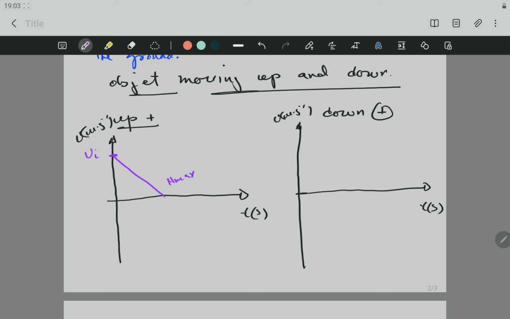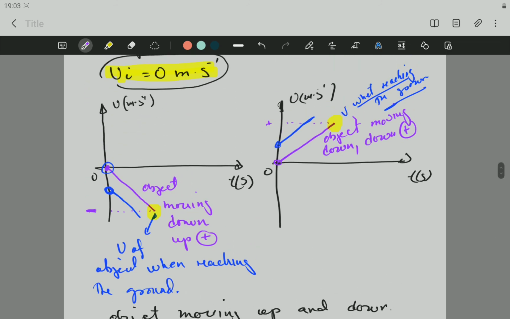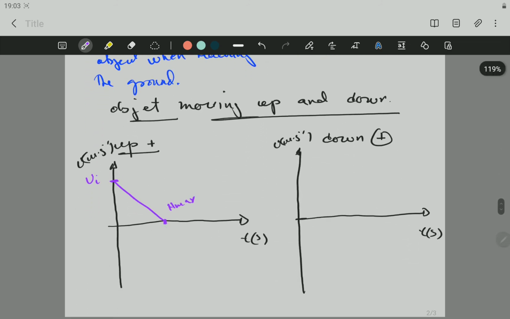That is the velocity of the object at the maximum height. What does the object do there? It turns around, moving down. But because we said up is positive, down will be from there all the way down straight. Remember, it's a straight line because acceleration is constant.